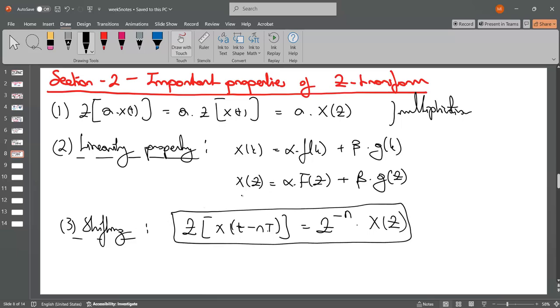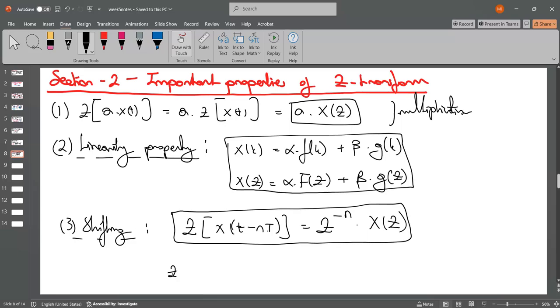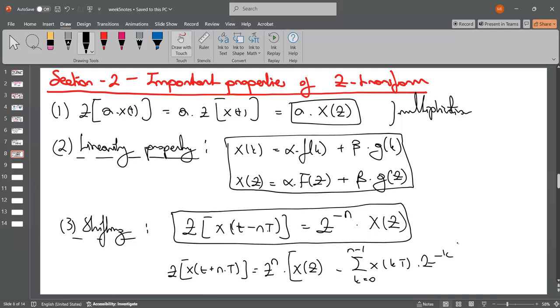The same idea is given in the continuous form also, the Laplace transform, right? And for the next value, Z of x(k+n) equals z^n X(z) minus the sum from k=0 to n-1 of x(k) times z^(n-k).